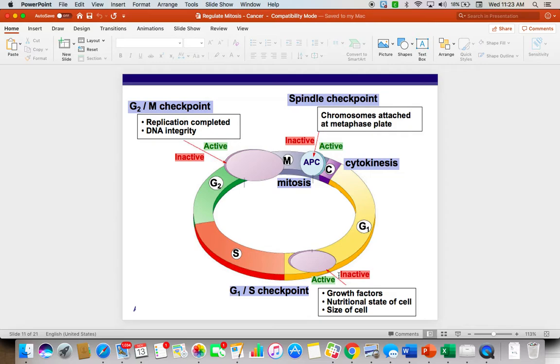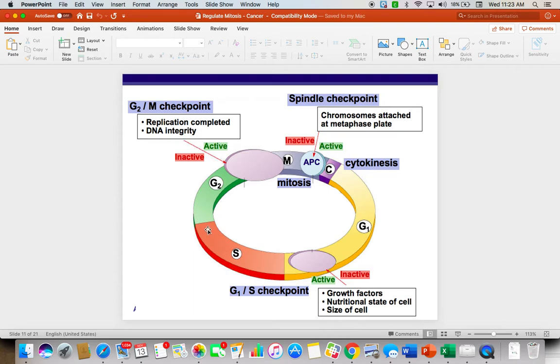So this diagram is similar to the one on page 118. Here is your first checkpoint down here. We're looking for the size of the cell, the nutritional state of the cell, and whether the DNA is okay. The next checkpoint is up here, and after this checkpoint we're committed.